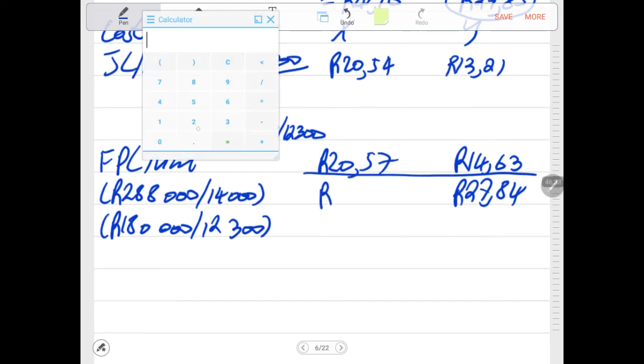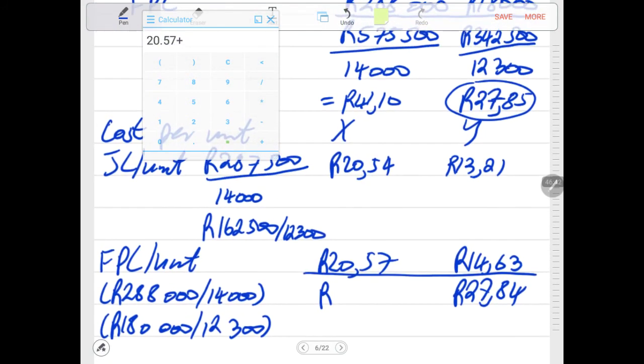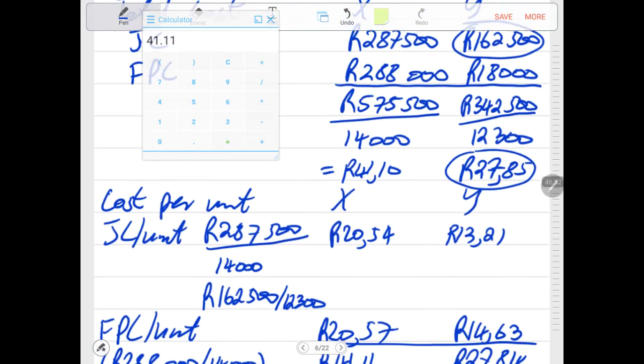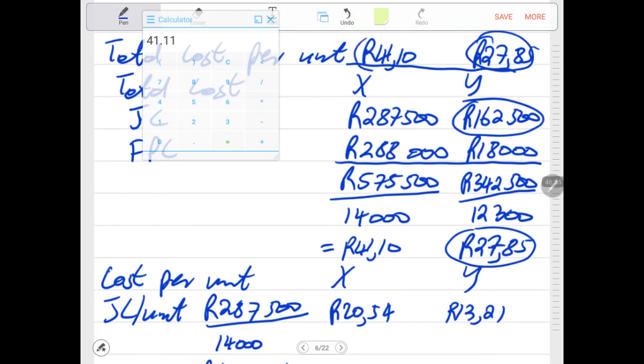Then here we have 20.57 plus 20.54, it is 41.11. This is exactly the same, 41 rand 11 cents.